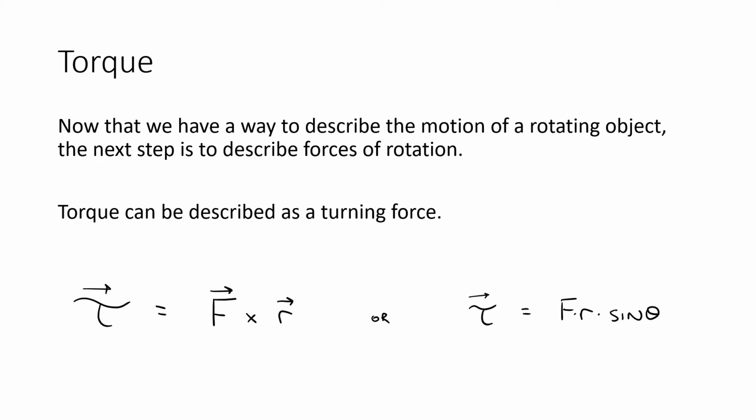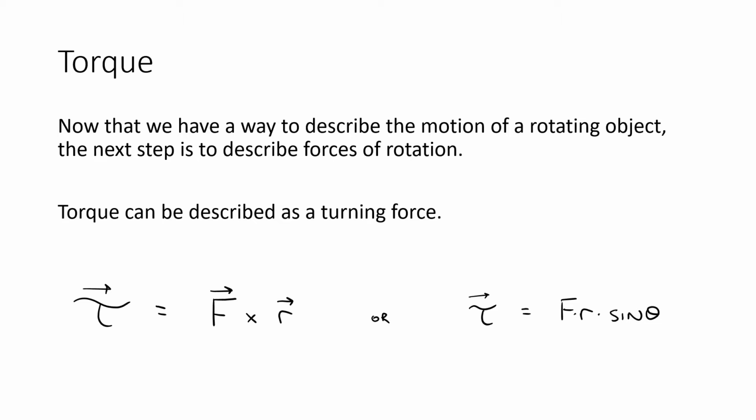That's not the whole equation, that's me summing it up. I can also write torque as force times the radius from where you're turning times sine of the angle. And I'll do a little demonstration. I'm going to keep that up the whole day.